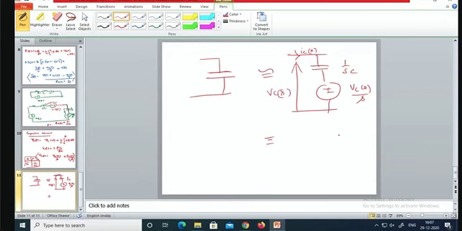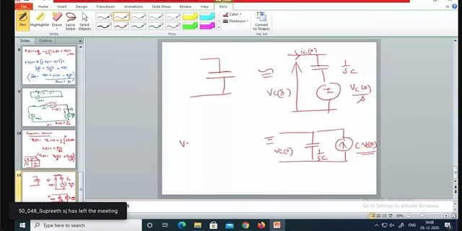Source transform this one, and you get a branch here and a current source like this. So this is VC of S, and this is 1 by SC as it is, and the current source is C into VC of 0. How do you get this?